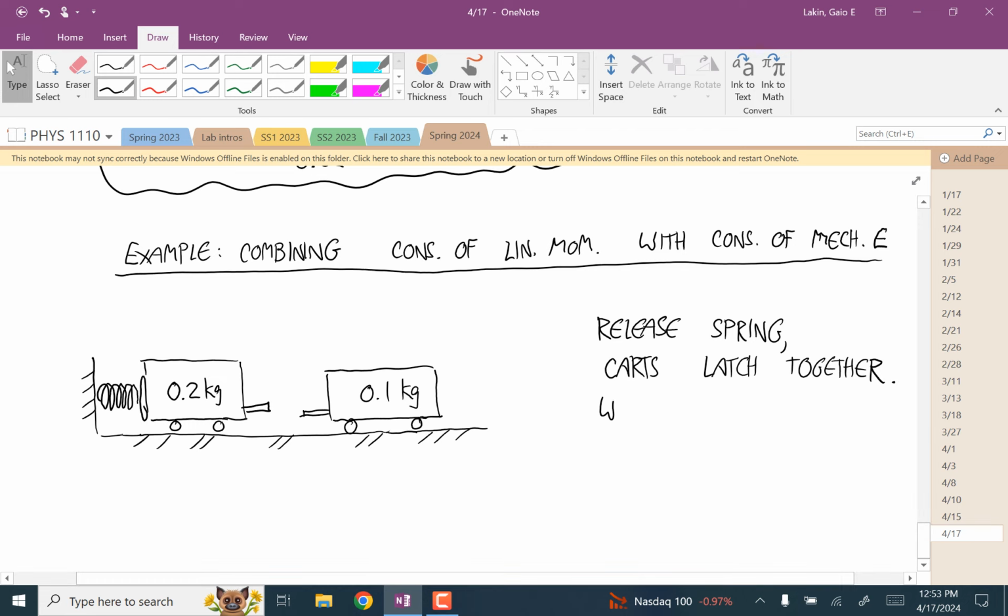And we want to know what's the velocity. Let's do this as a vector. What's the velocity vector of the carts after the collision?